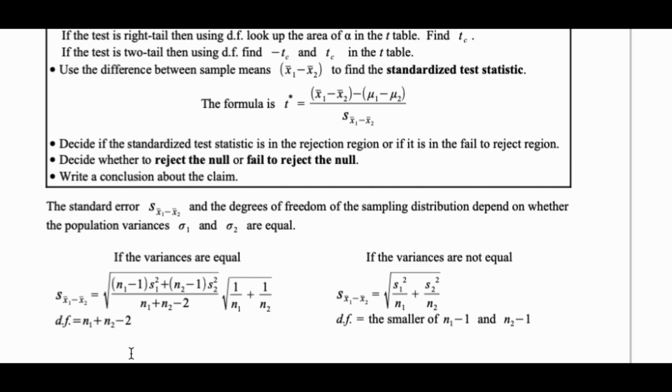We're going to use this S as the standard deviation of the sampling distribution, and the formula we use depends on whether we think the variances are equal or unequal. If they're equal variances, we will use this formula and this approach, but if they are unequal variances, we'll use this approach.